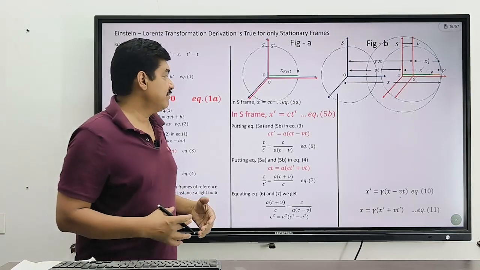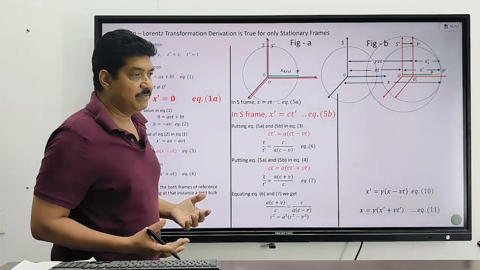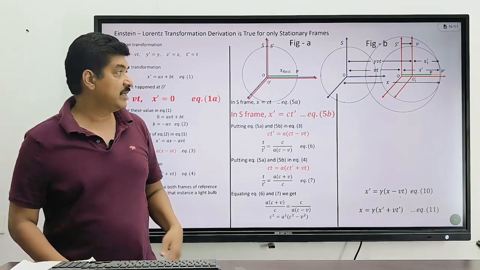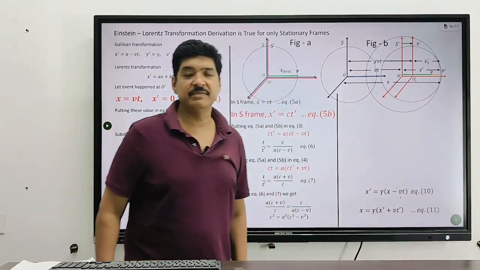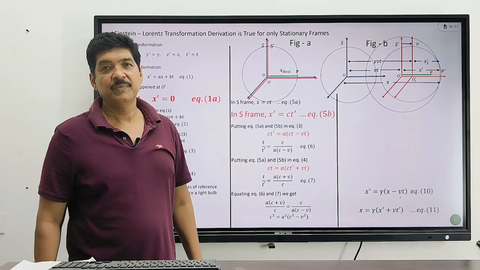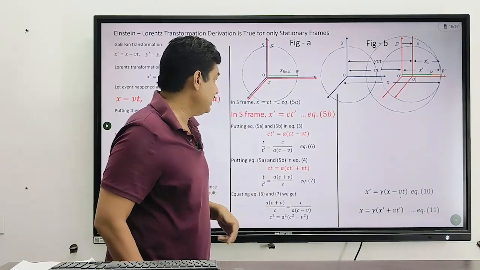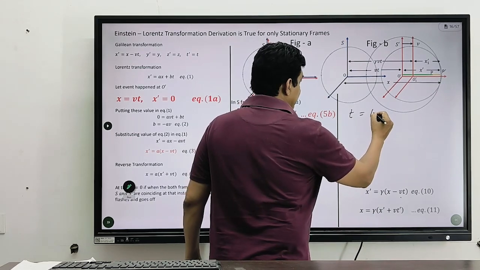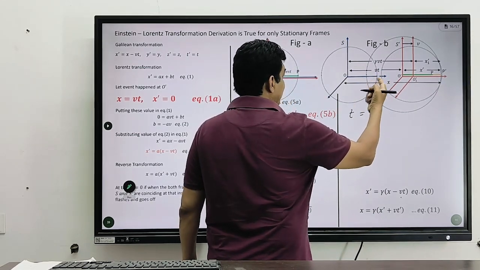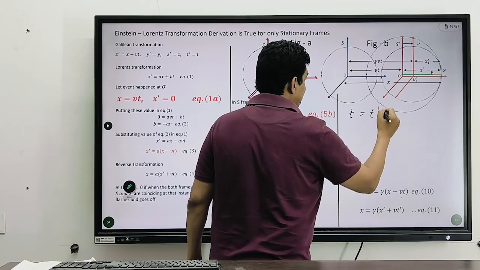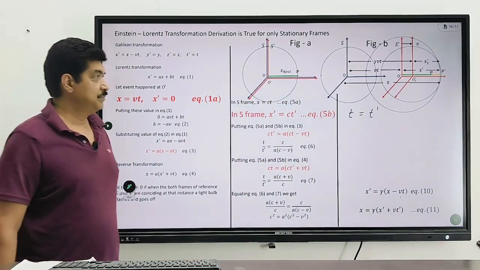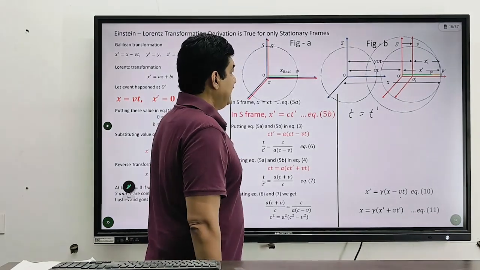When an equal amount of time is taken in both frames of reference, then there is no time dilation in the moving frame of reference. That means t registered by this and t' in this will be the same, right?